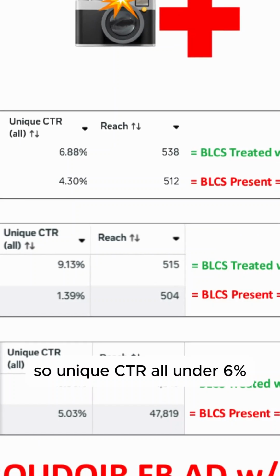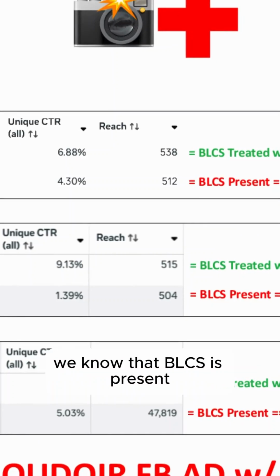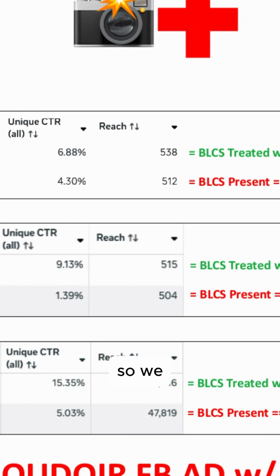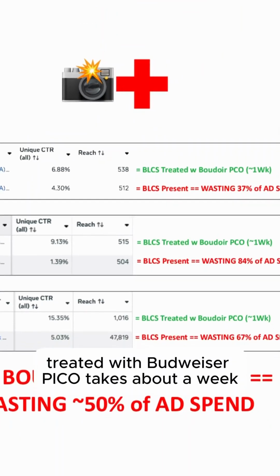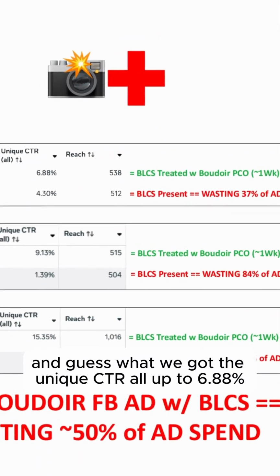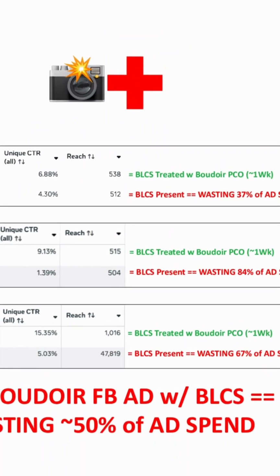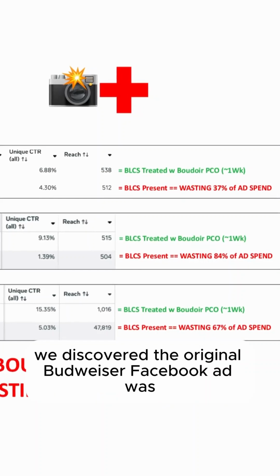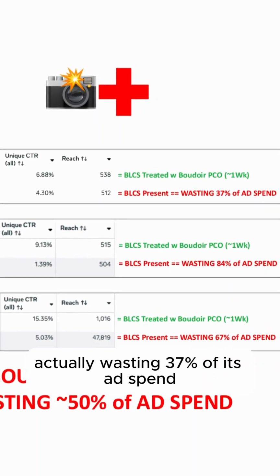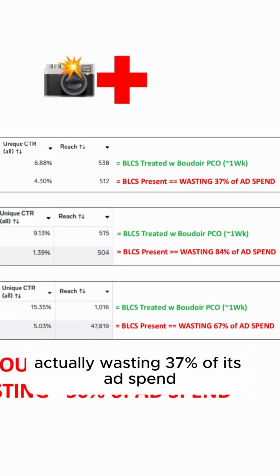So unique CTR all under 6%. We know that BLCS is present, aka Boudoir low click syndrome. So we got the treatment, treated with Boudoir Pico. Takes about a week. And guess what? We got the unique CTR all up to 6.88%. So we discovered the original Boudoir Facebook ad was actually wasting 37% of what it could have been achieving.